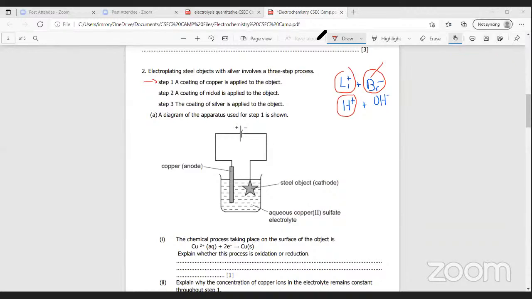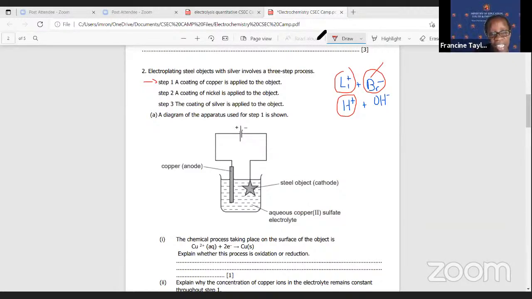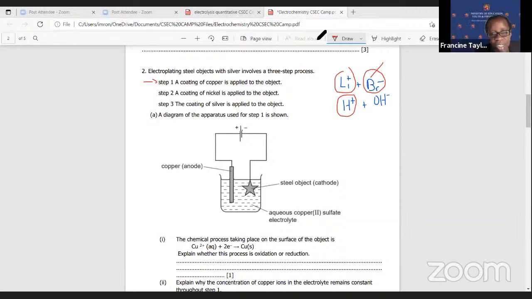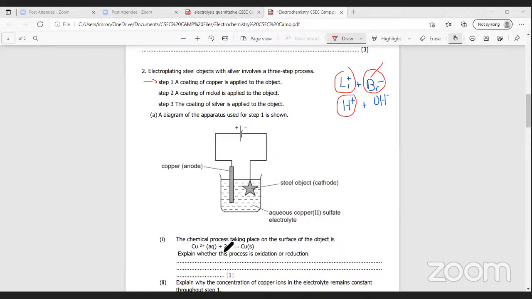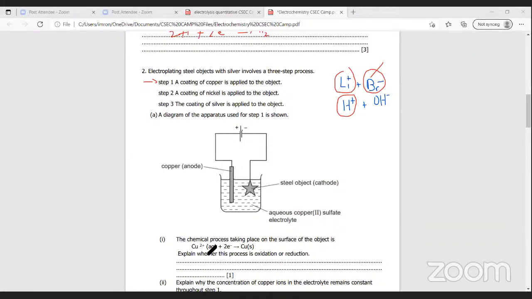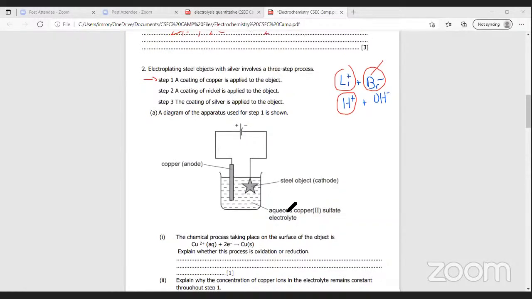Yes, reduction, because somebody says gain in electrons, oxidation state is decreased. Reduction equals gain of electrons. So you went from 2 to 0. Oxidation state, you can use that as well. You can use the obvious, which is gain of electrons. So copper 2+ gains 2 electrons.